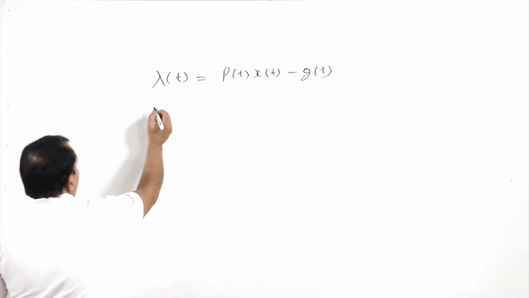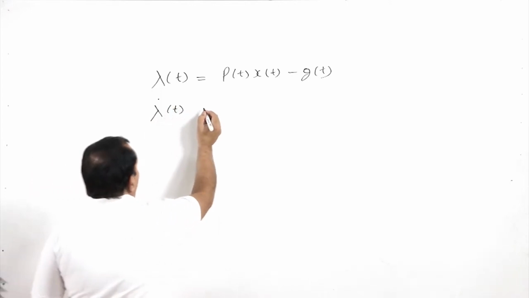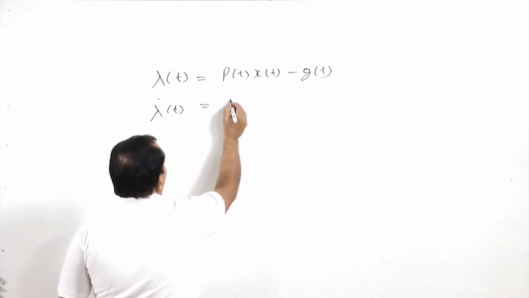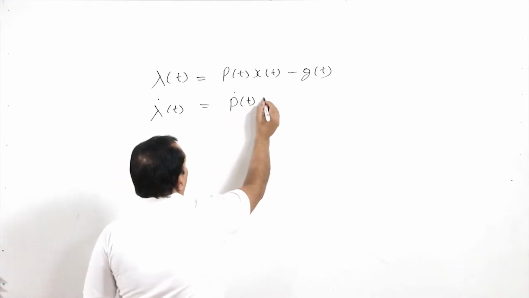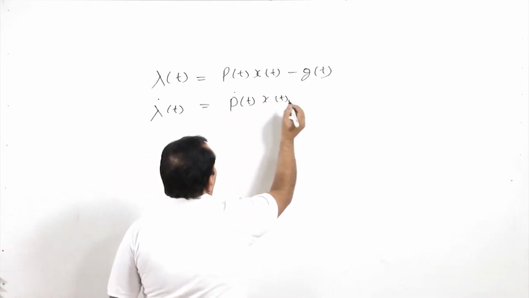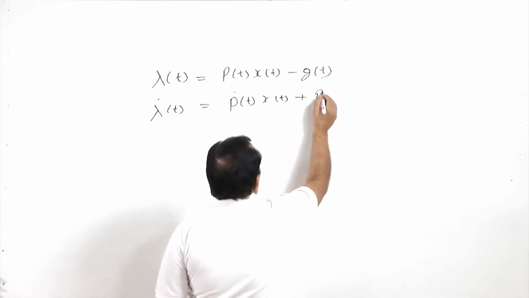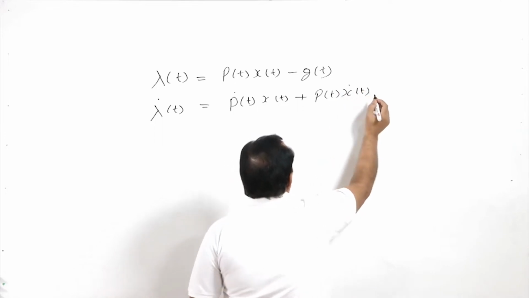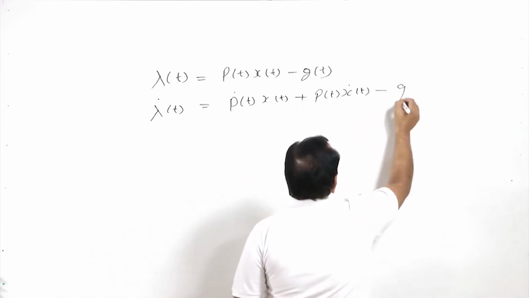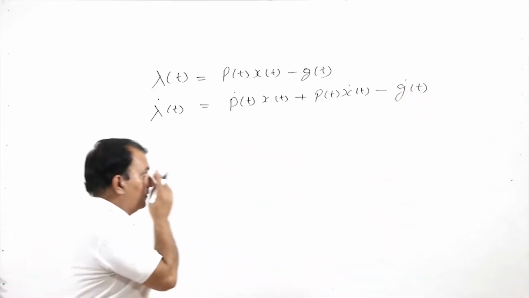If I differentiate this, lambda dot t, P and x are both time varying, so this is P dot t x t plus P t x dot t minus G dot of t.